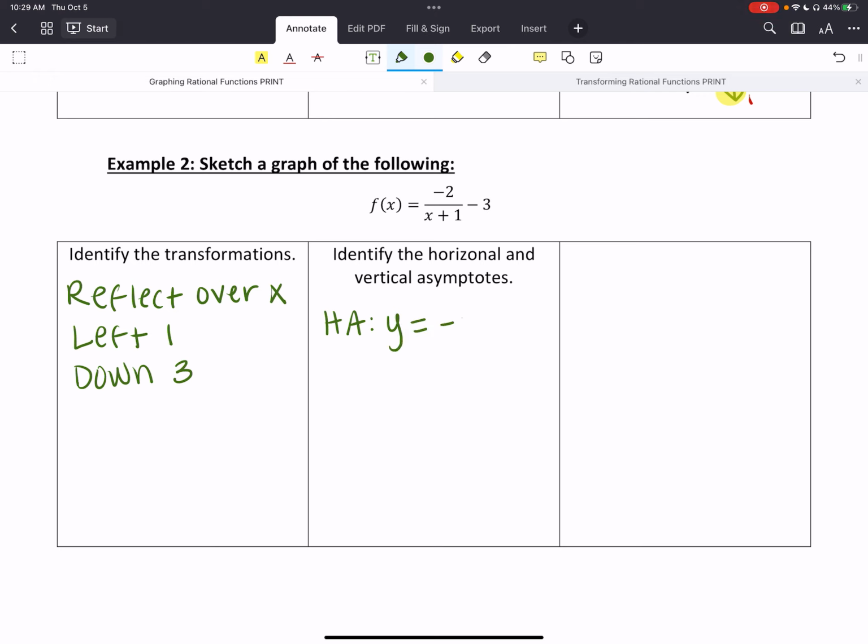So we're going to say y equals -3. And then our vertical asymptotes comes from the denominator. So x equals -1. So I want you to pause and try to figure this out and see if you come up with the correct graph.